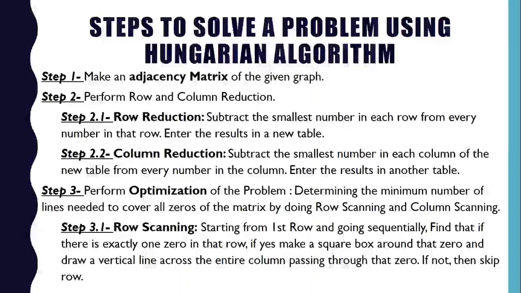And whenever we find that 0, we mark a square box around that 0 and draw a vertical line across the entire column passing through that 0. And if we do not find such a row, we simply skip that row and move on to the next row.